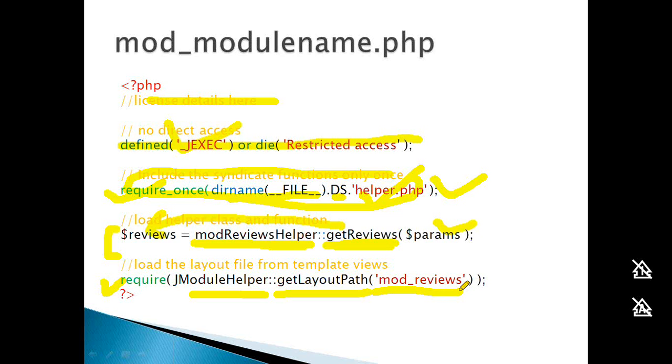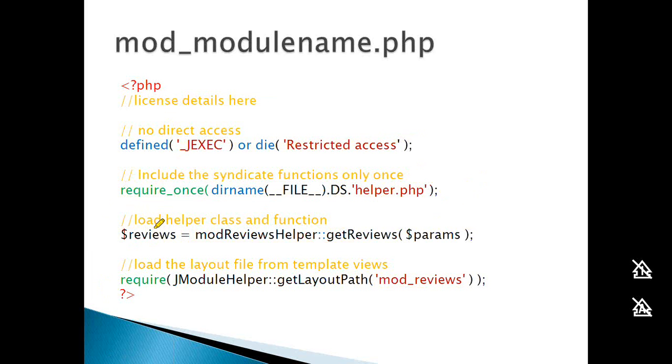So your default.php in the template folder will be called up, and this value of $reviews would be available in the template for display purposes. So I'm just marking it again, the $reviews, so you can check it and see it again in the template file.